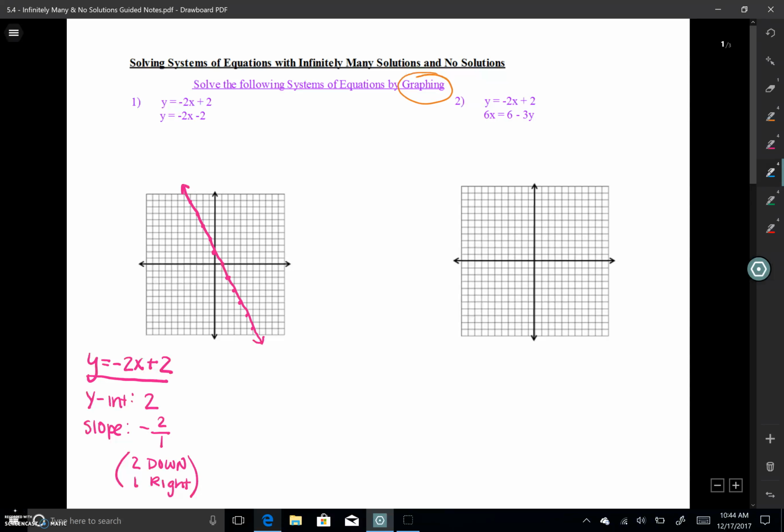Moving on to my second equation, I have y equals negative 2x minus 2. My y-intercept here is negative 2, and my slope is negative 2 over 1, again telling me to go 2 down, 1 to the right. So I plot my y-intercept first at negative 2, and then follow my slope 2 down, 1 to the right, all the way until I hit the edges of my graph, working in both directions.